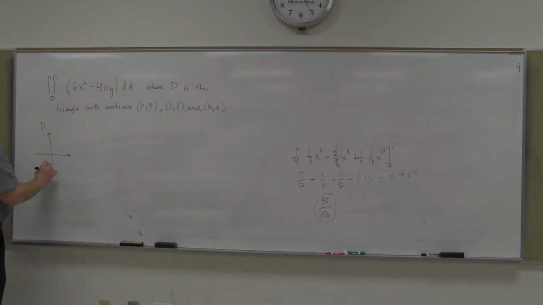So I've got vertices (0, 3), (1, 1), and (5, 3). Got a nice little triangle. We like the ones where they're cornered right here, but they don't always do that for us, so this one's a little more complicated.